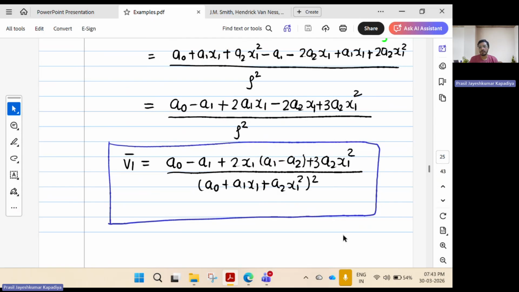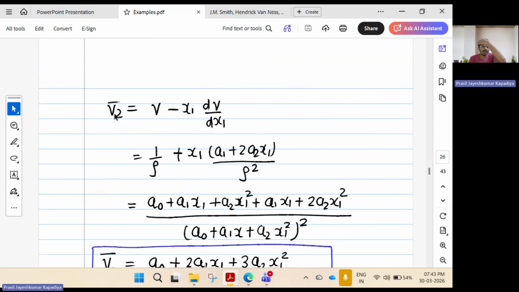Okay, so this is my V1 bar. It looks very complex, but it is just concepts, and the rest is just the math that you need to solve. Similarly, V2 bar is equal to v minus x1 dv dx1. V is 1 by rho minus x1, and dv dx1 was this negative term, so negative becomes positive: plus a1 plus 2a2 x1 divided by rho square. Here again I can write 1 by rho as rho by rho square.